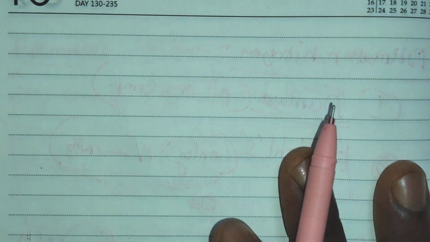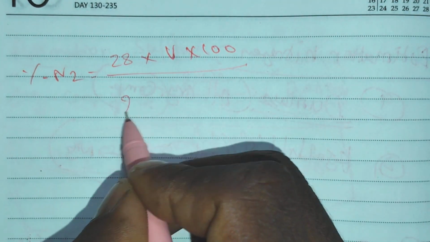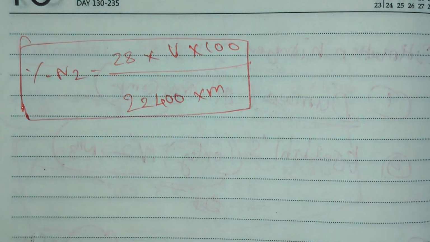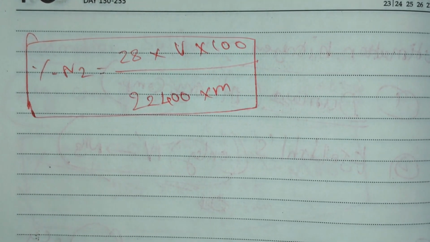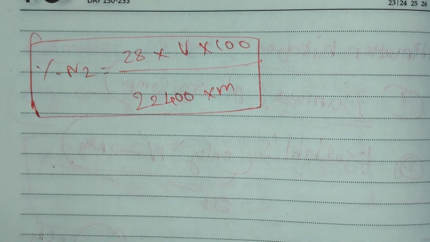This formula is most useful for the volume of nitrogen present in the organic compound. Next, from the volume of nitrogen we can find the percentage of nitrogen: the percentage of nitrogen is equal to 28 into V into 100 divided by 22,400 into M. So this formula is used for finding the percentage of nitrogen. The nitrogen is converted to molecular nitrogen, we get its volume, and that volume is used for the percentage of nitrogen.